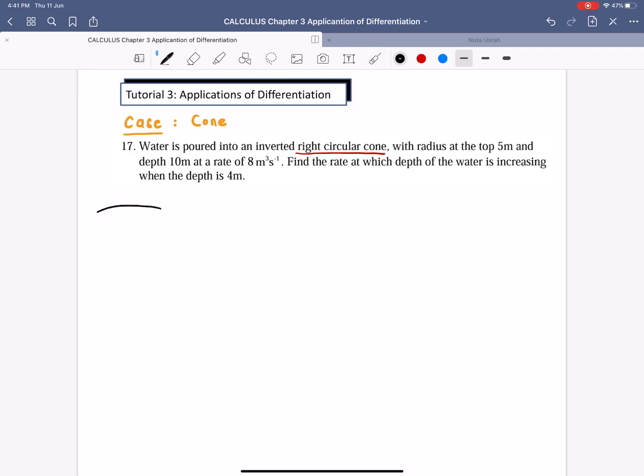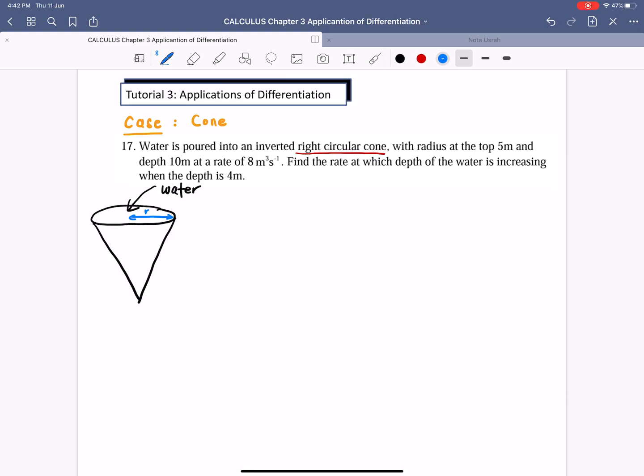You have an inverted cone, and then we pour water, and the cone has a radius at the top. It has radius r, which is 5 meter.